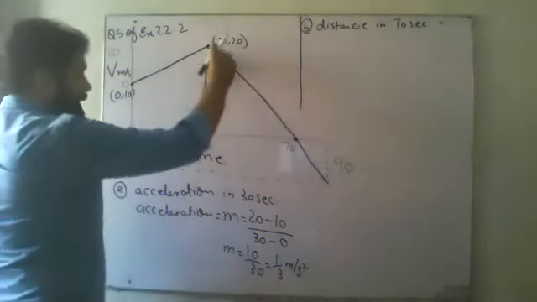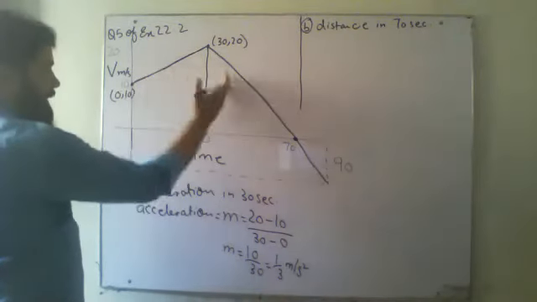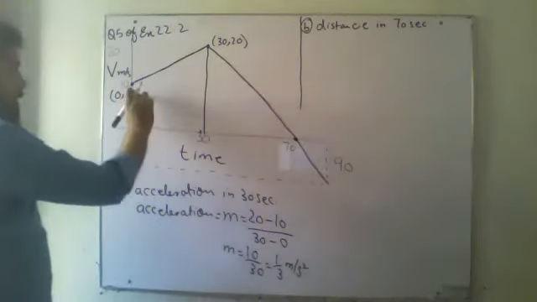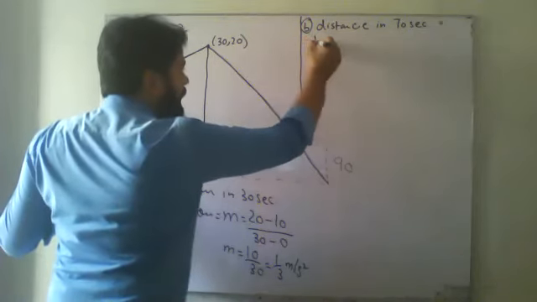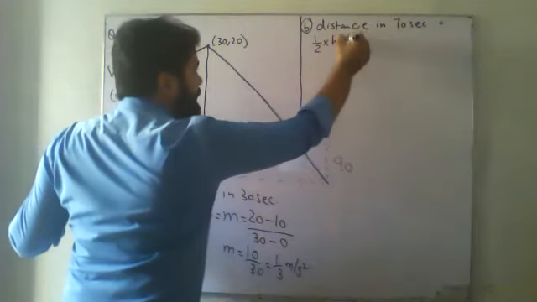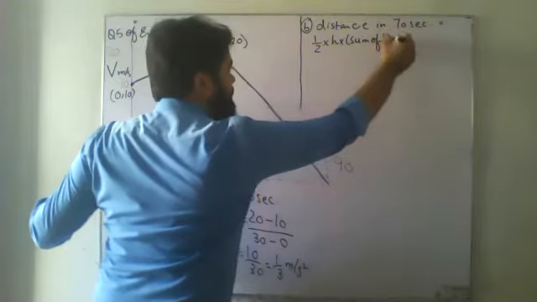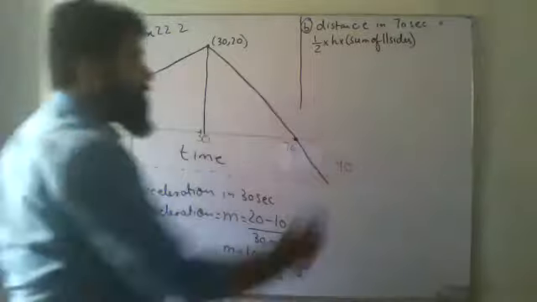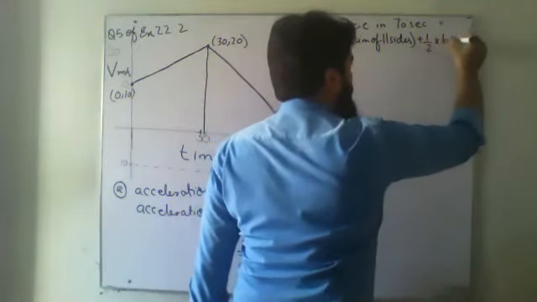I can't take them together, so I'm separating them. This will be a trapezium and this will be a triangle. For this one, what will I do? Half into height into sum of parallel sides, plus, for this one, half into base into height.